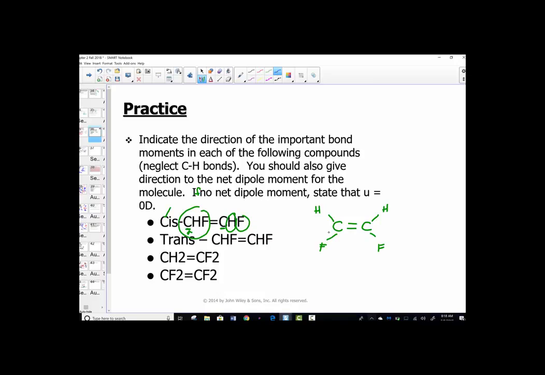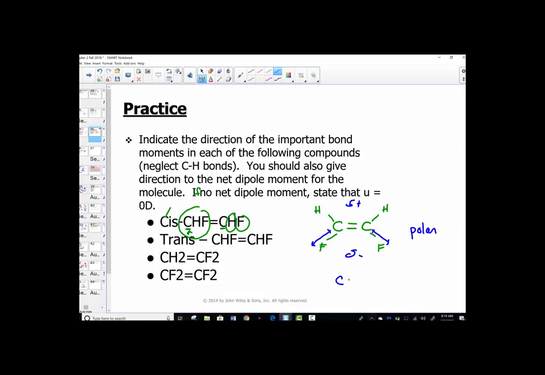We've determined that that's highly polar because the distribution is going in one direction only, making this an electron-rich and this area an electron-poor distribution. Therefore, this molecule is indeed polar.